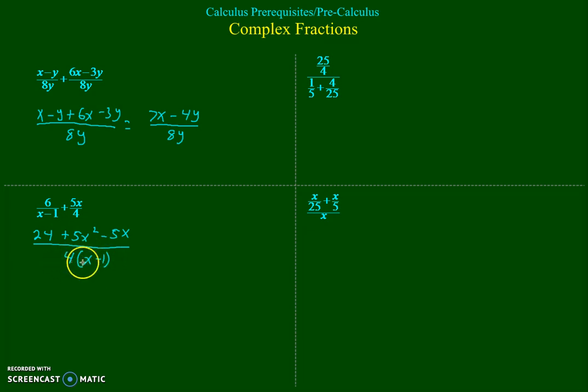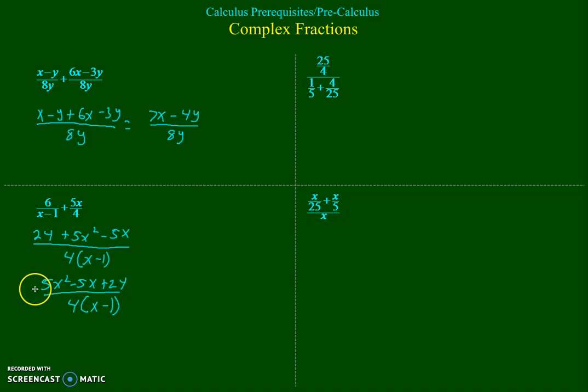Now you notice I didn't multiply those through, because as we said, we're trying to factor out as much as possible. So it's always a good idea to leave this unmultiplied in case you may have some cancellation opportunity. And if not, this is still in final factored form, so we'd be done with it. So let's combine this into a cleaner form. 5x squared minus 5x plus 24 over 4 times x minus 1.